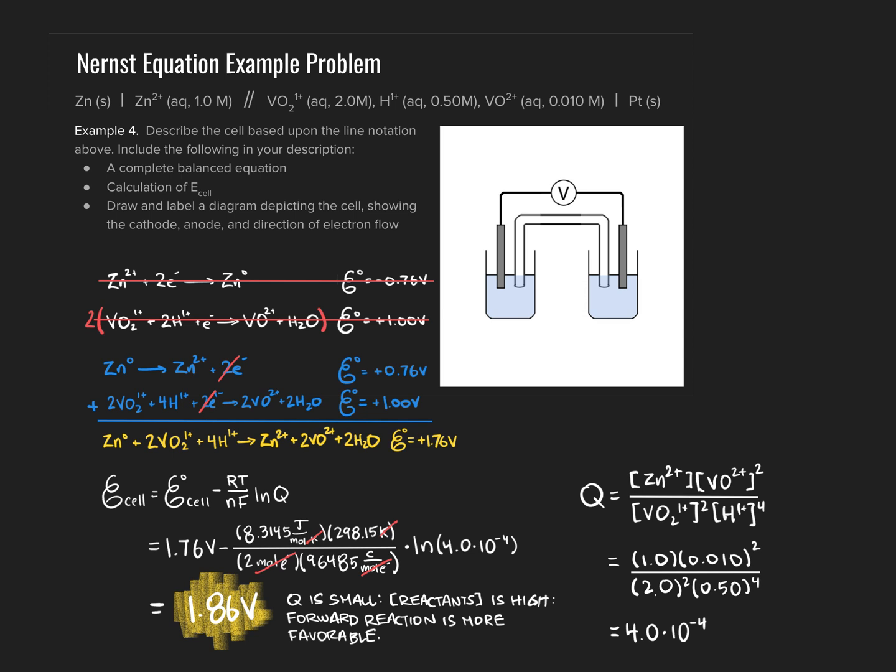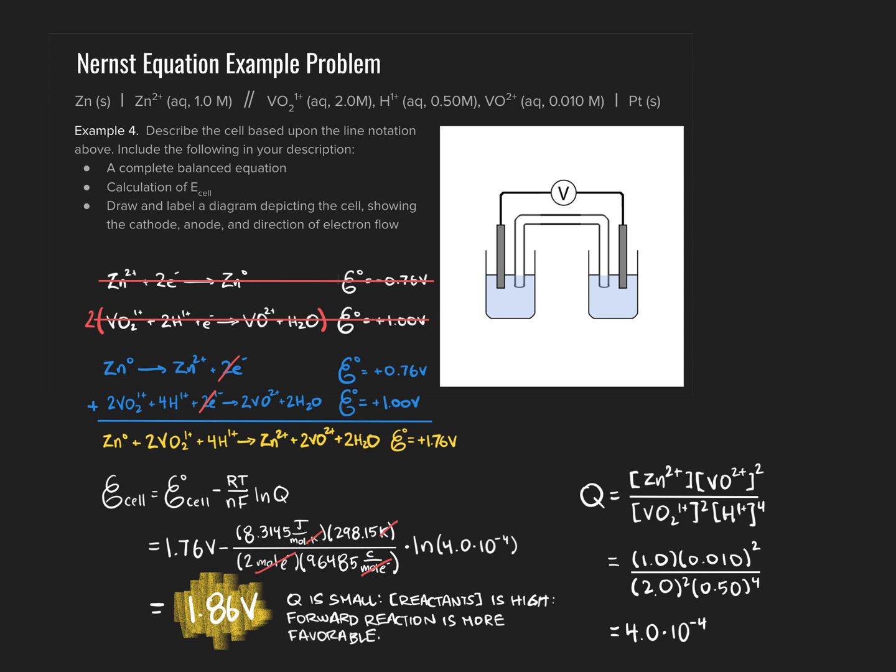And as there's a larger driving force in the forward direction, I would expect that electromotive force, that cell potential here, to be larger than it would be under our standard conditions. And as such, we see it operating now at that cell potential of 1.86 volts, greater than the standard operating cell potential of 1.76 volts.